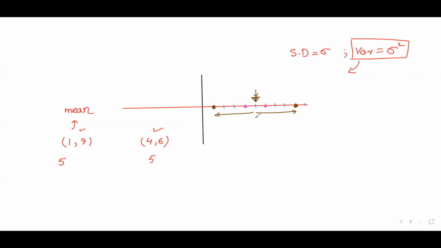Now my points do not have much distance from the mean, right? So this tells you the variance, how my data points are distributed from the center point, from the mean value. The standard deviation tells you the deviation from the mean point.